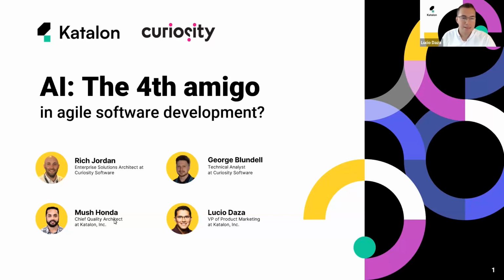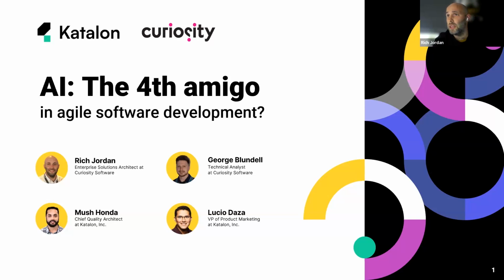Thanks a lot, Lucio. So let's start off with a quick run through of what we're going to talk about today. We're going to talk about some of the more general problems within testing, some of the real challenges that we and our customers hear about quite a lot.